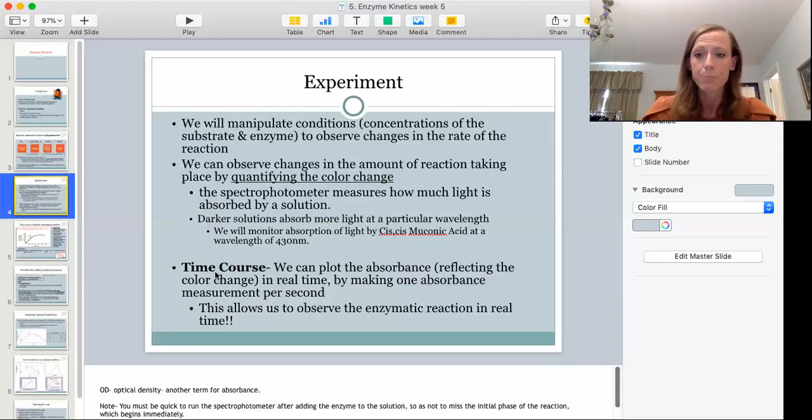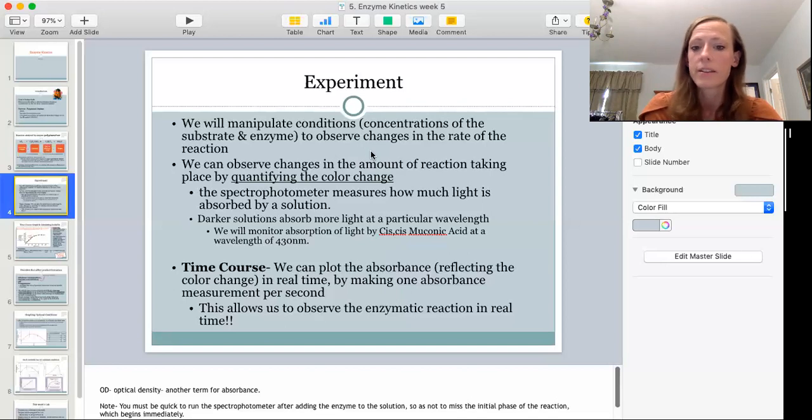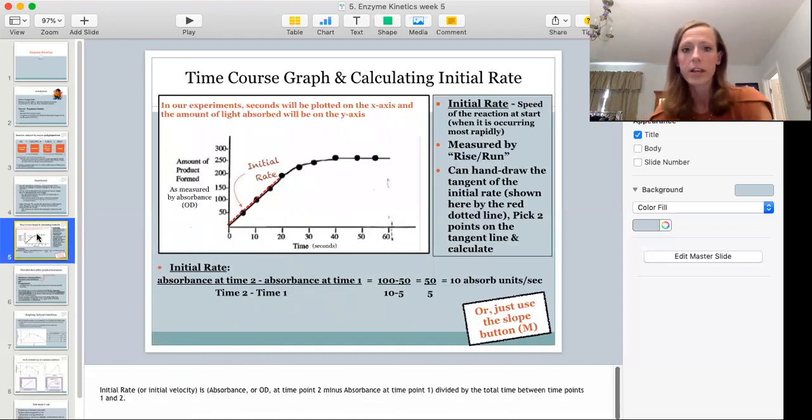So we're going to plot the absorbance in real time, making one absorbance reading per second. And as the absorbance value should increase over time, then we can basically observe the reaction happening, okay? So let's flip to our next slide to see what that would look like.